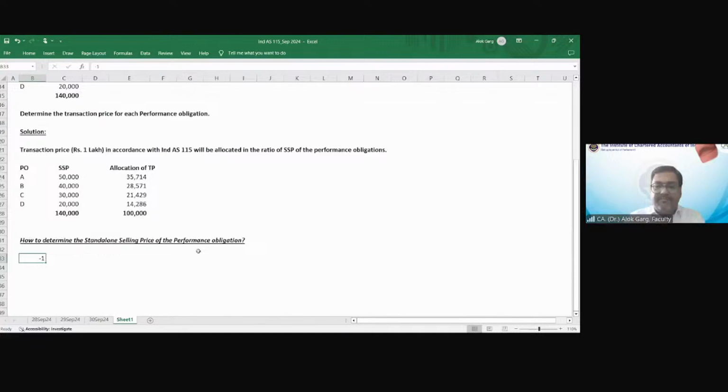Number one, determine the standalone selling price. Standalone selling price will be the fair value of the performance obligation. So let's say the entity is selling a package of air condition, stabilizer, installation, and maintenance service.